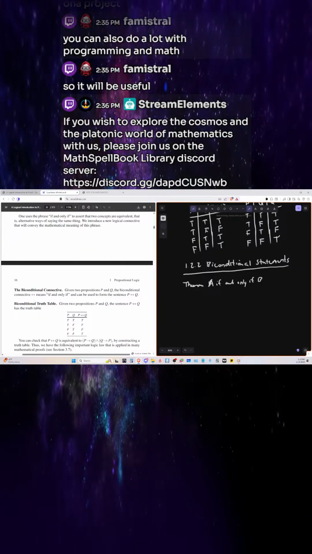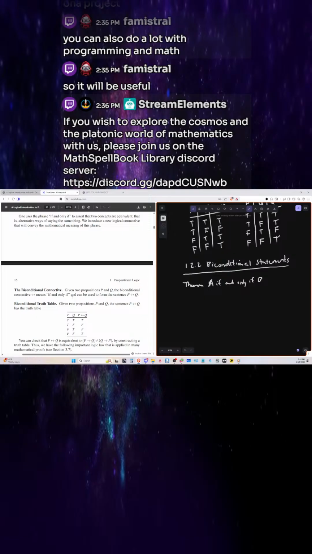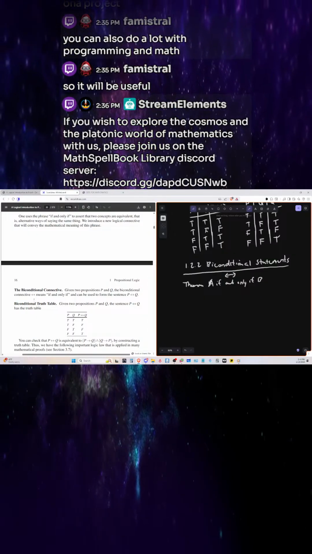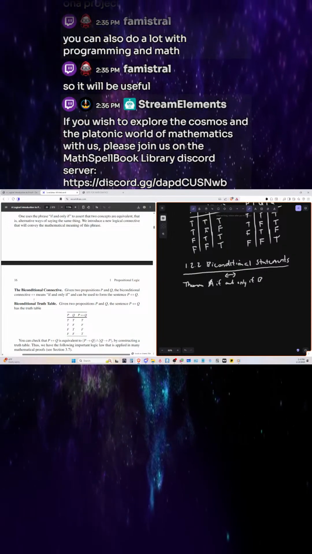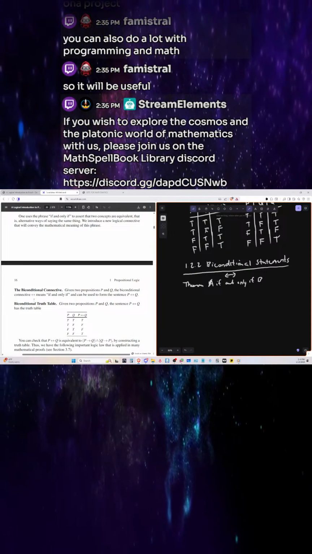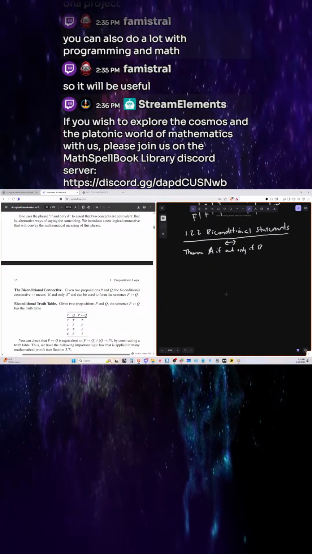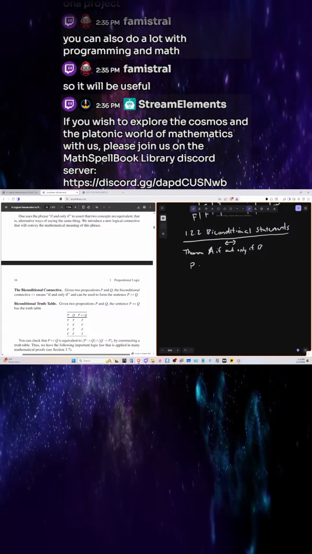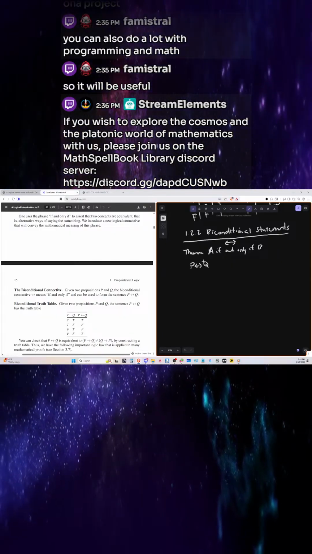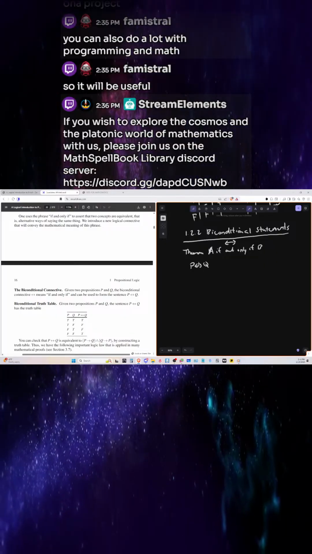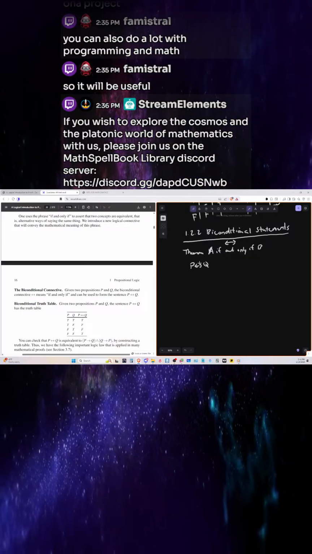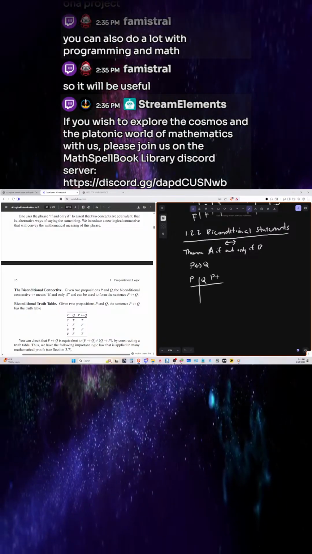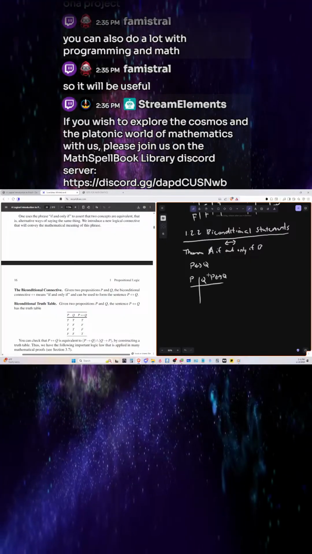Yeah, this is what I was talking about. In this book, they use just the line here. Truth table, if we have P, if and only if Q. So now let's do that.